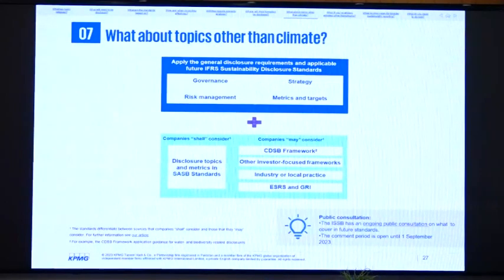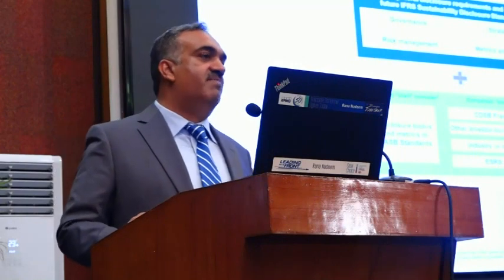SASB standards are based on, as I said, industry-specific classification, whereas GRI is following the 3-tier approach, where they are more focused on the topics, and on selection of the topics based on double materiality and stakeholder engagement. So the framework we are talking about in S1 and S2 is much simpler, has some haircuts compared to the GRI-based detailed overall sustainability reporting that covers double materiality, financial as well as impact materiality.